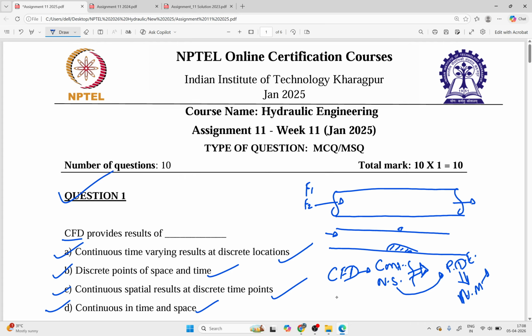So you need to solve these two equations by discretizing them, and then solve the discretized equations using some numerical method. The complex thing is the Navier-Stokes equation, a second order partial differential equation, which is very complex to solve analytically.